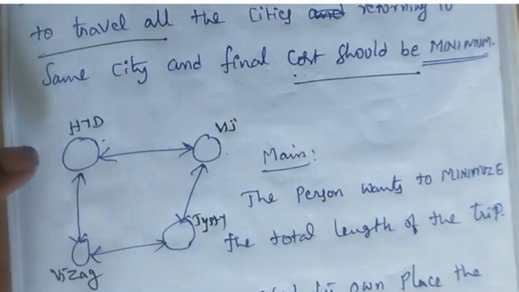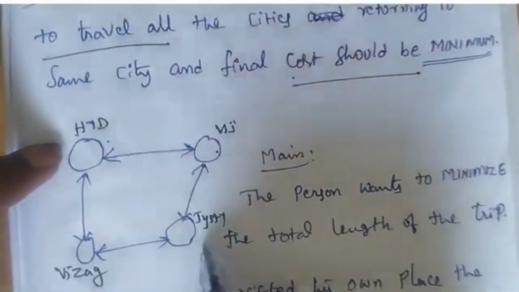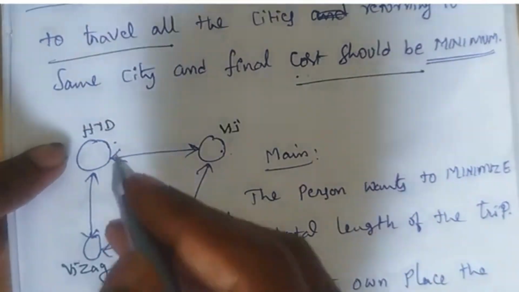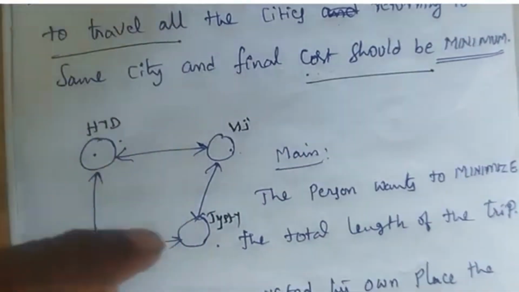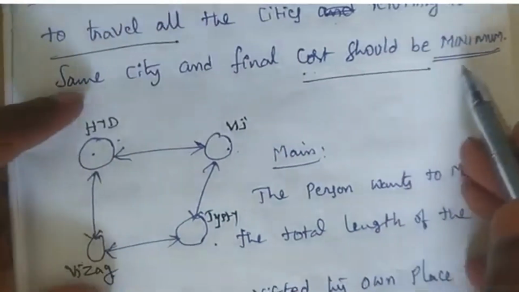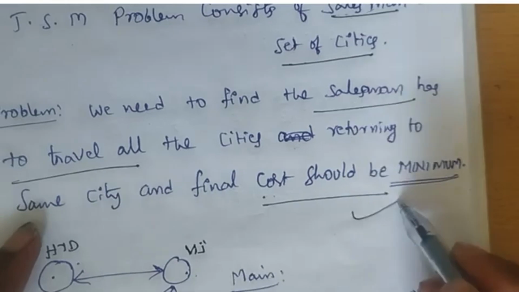Starting from Hyderabad, he visits Vijayawada, Tirupati, Vizag, and finally reaches Hyderabad again. Which route should he follow to get the minimum cost? We have to find the minimum cost.